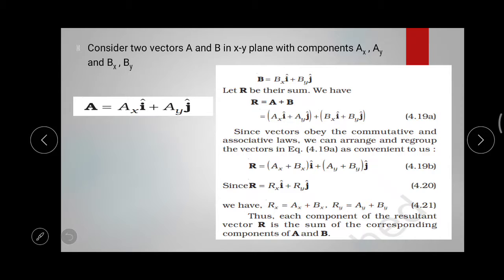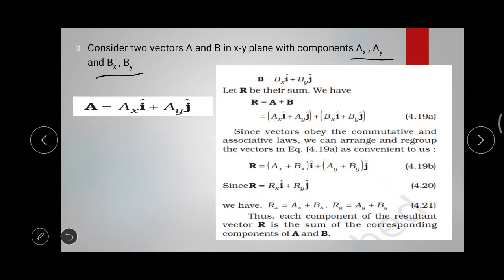Now let us consider two vectors a and b in xy plane with the components ax and ay and bx and by. So the graphical method of vector addition we have discussed.